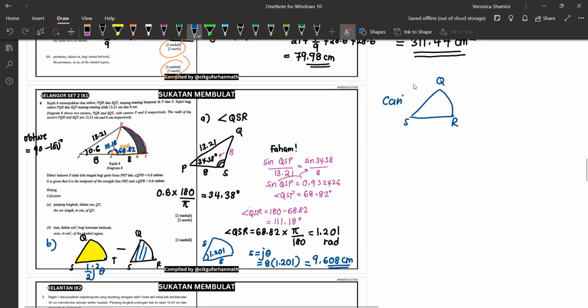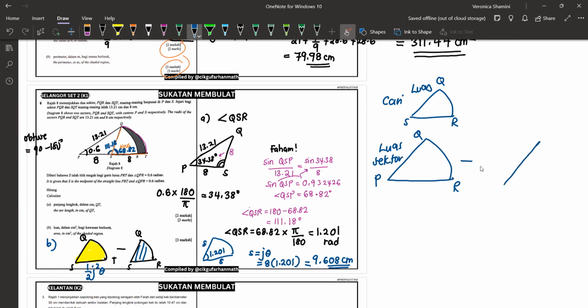QSR kan? Okay, nak cari luas dia, what we do? Okay, we do like this. We take PQR. Okay, PQR, luas, sector. Okay, follow follow. Tolak with that triangle. Kan, nampak kan triangle tu? Okay, sekejap. Just draw nicely.